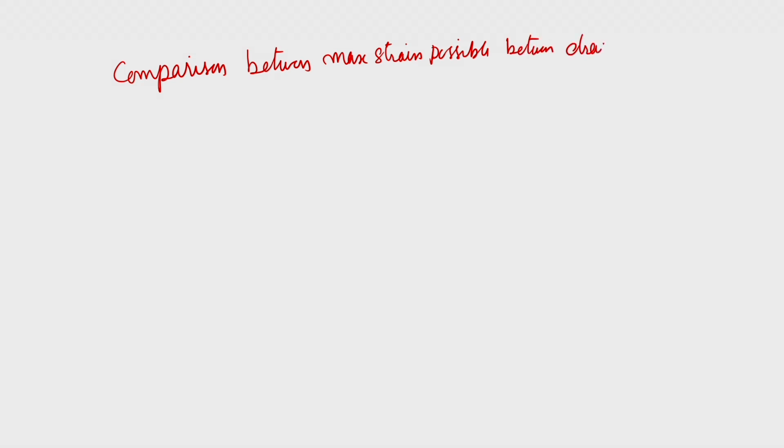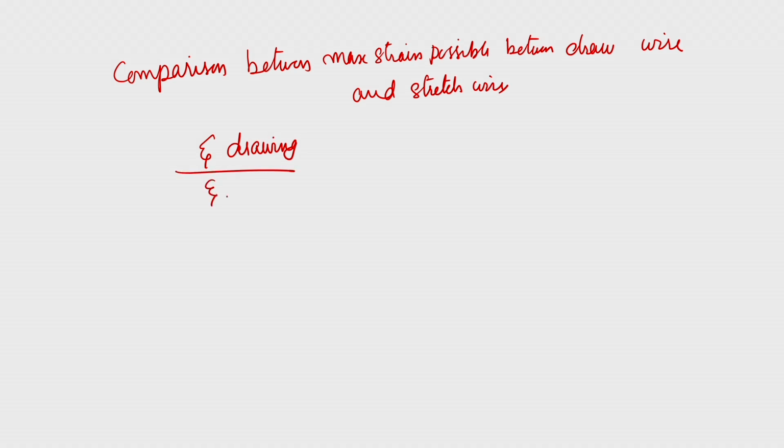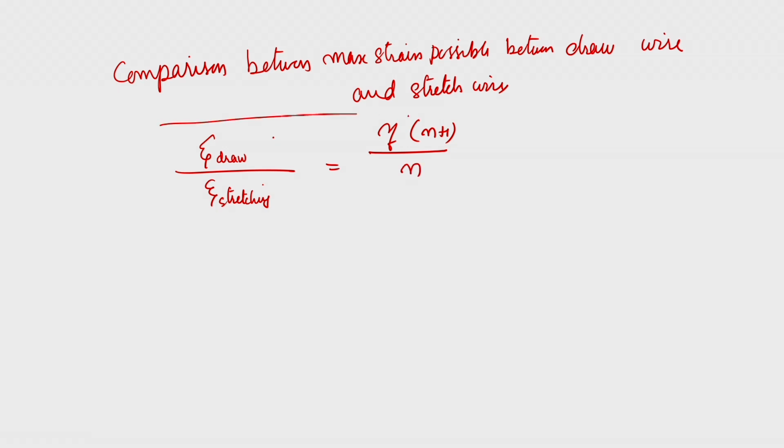So, if you do a comparison between maximum strain possible between drawn wire and stretched wire, you will find that the strain ratio of drawing by stretching is equal to one is this eta into n plus 1 and another is n. Okay. So, why is this coming?